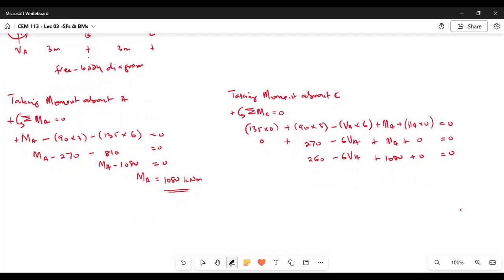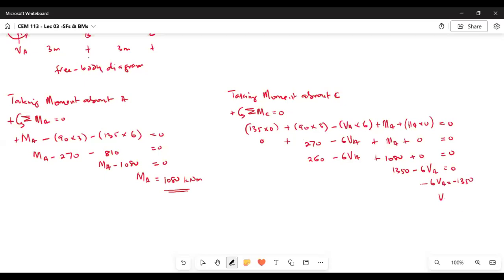So now, adding this together, we'll have 1350 minus 6 VA is equal to 0, right? So that negative 6 VA is equal to negative 1350.